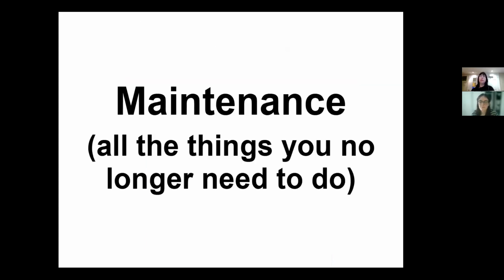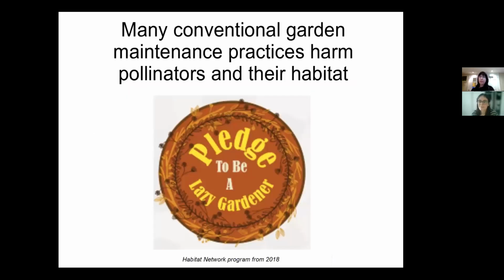So maintenance. Once you've got your garden planted and you've put your mulch around it, many of the conventional gardening practices that we've used are not beneficial to pollinators. Things like using landscape fabric or chunky bark mulch, obviously things like pesticides.